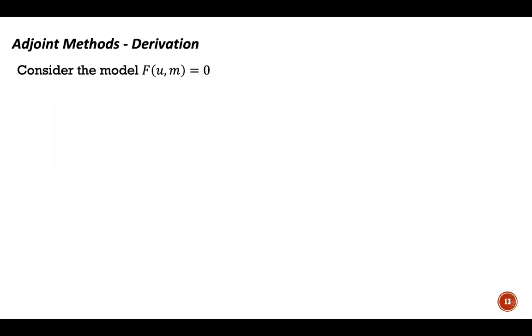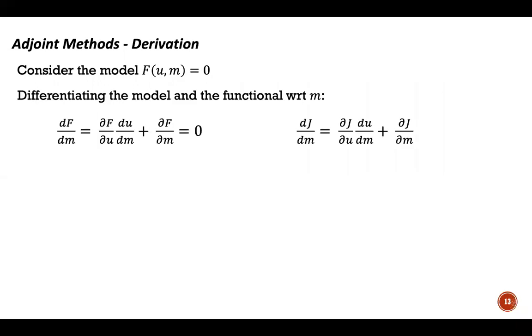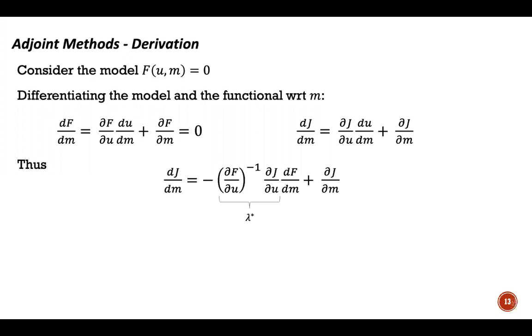So let's first consider our model, where U is the solution and M is some uncertain field or parameter. The first thing we do is differentiate with respect to the uncertain parameter, just using the chain rule. And then we substitute this left-hand equation into the right-hand equation.